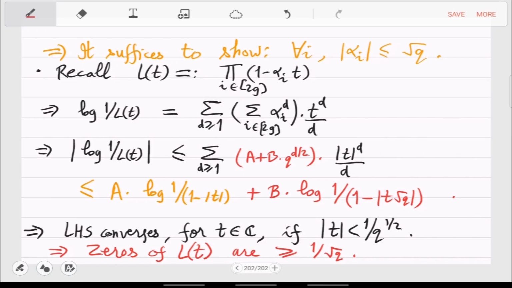Because if the norm of the zeros of LT was less than 1 over square root q, then you can pick that as t. LT vanishes, so the LHS becomes divergent, right? So we have learnt about the zeros of LT, which means that we have learnt about alpha inverse.